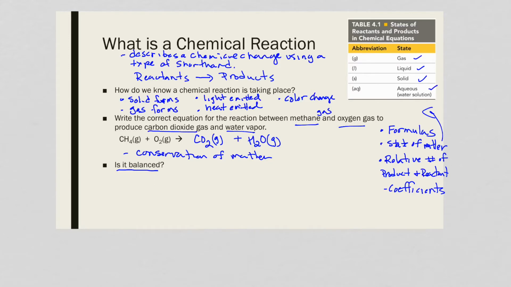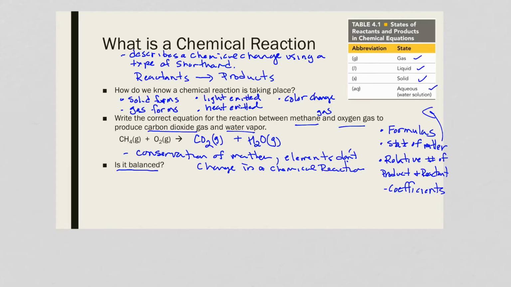And to go along with that, we also saw that elements don't change in a chemical reaction. So if we have a carbon atom, it's going to stay a carbon atom.